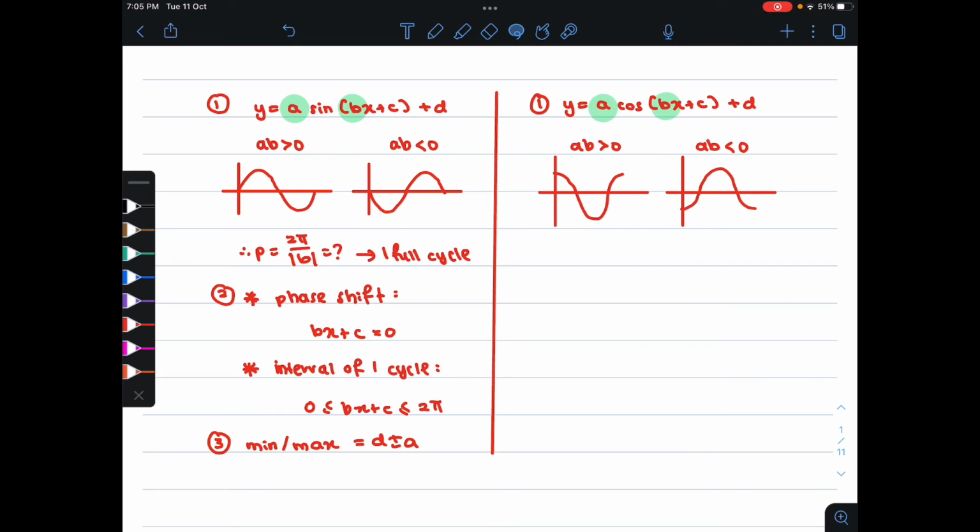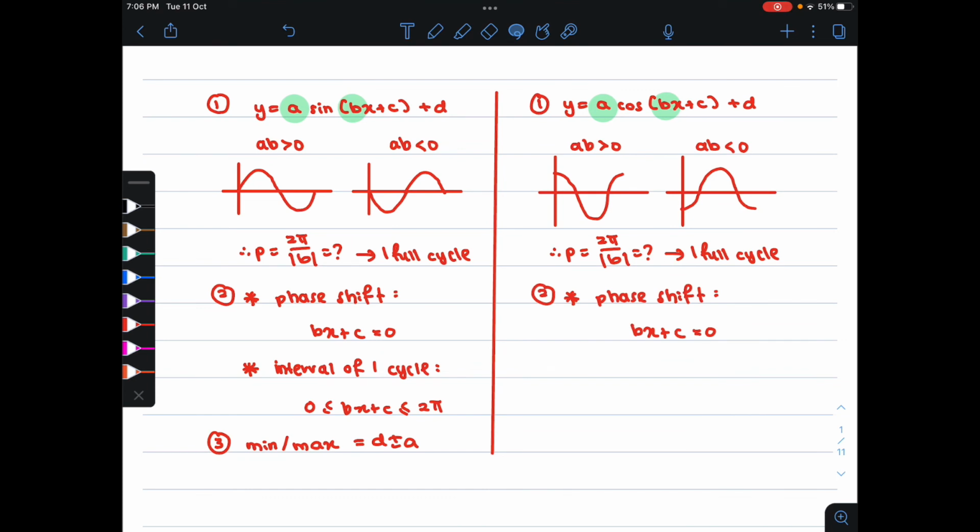But if the value of ab is negative, your graph will look like this, and this is what we call a bell shape. You also need to find the period P, which is equal to 2π over modulus b, and that will give you one full cycle of your cosine function.